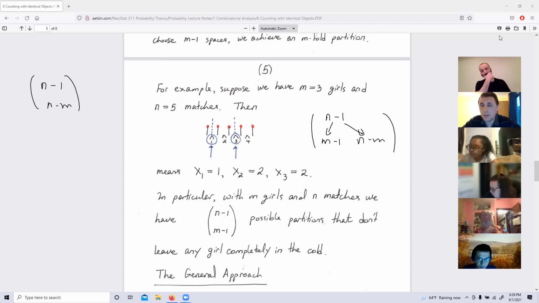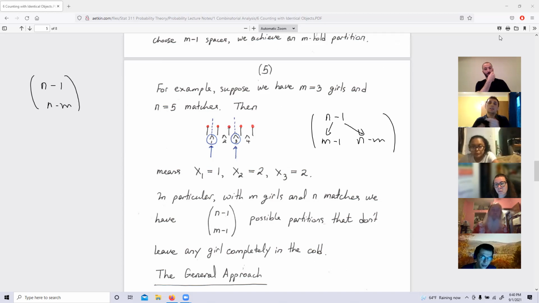So we solve the initial problem with the barcode with zeros and ones, with the assumption that somebody is allowed to get nothing at all. If you have 2 adjoint bars, that means the person to which they correspond is getting nothing at all. But now I'm requiring each girl to get at least 1 match.